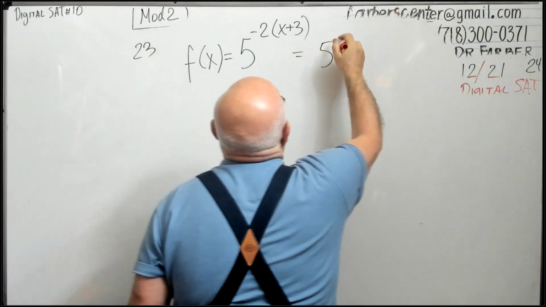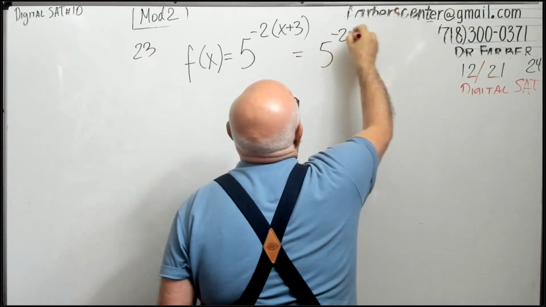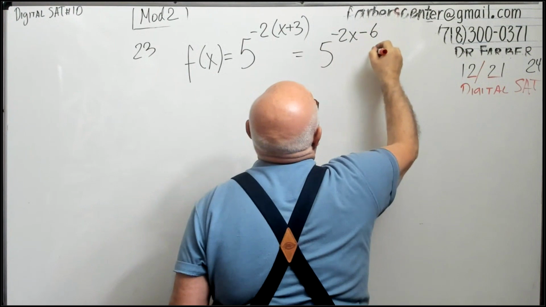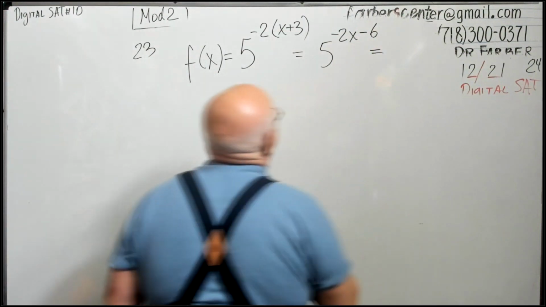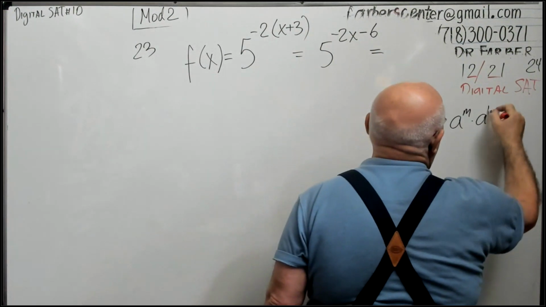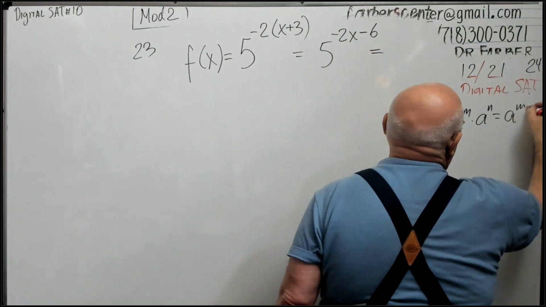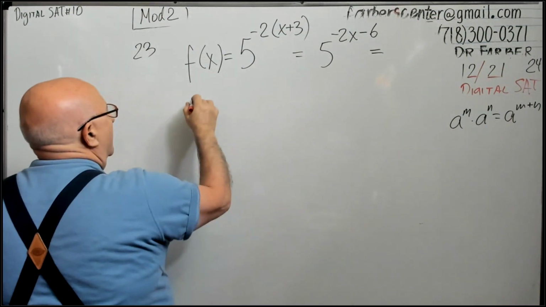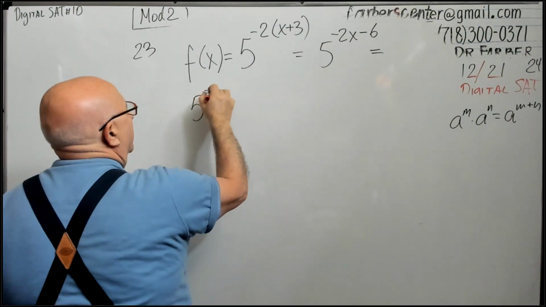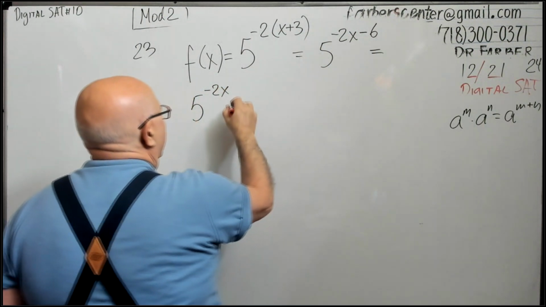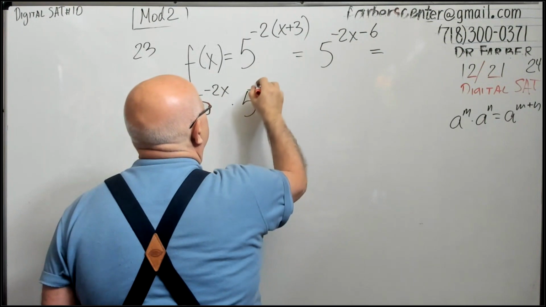It's 5 to the power negative 2x minus 6. When you have a to the power m plus n, I can represent this as 5 to the power negative 2x times 5 to the power negative 6.